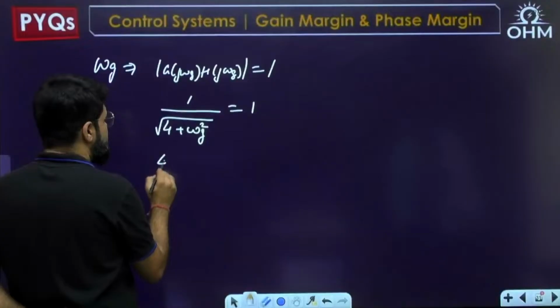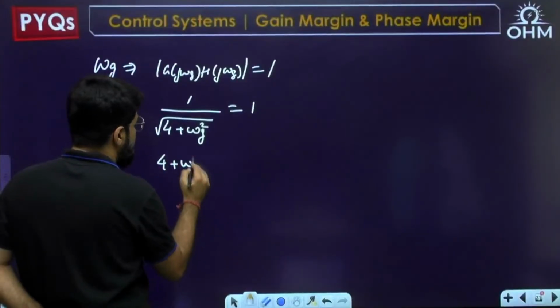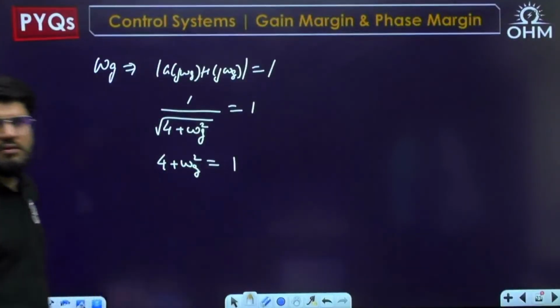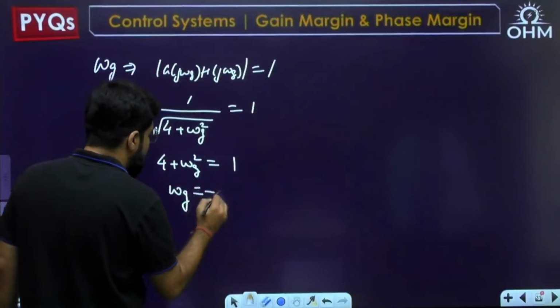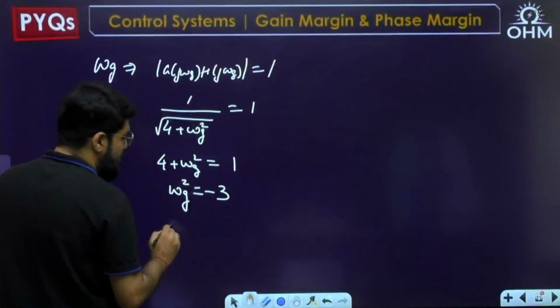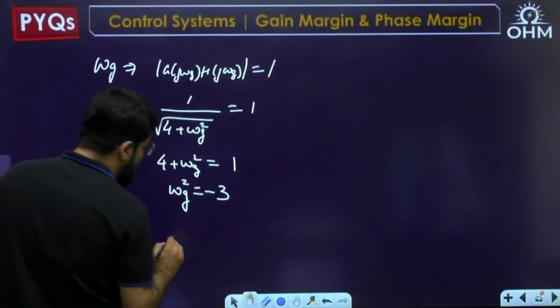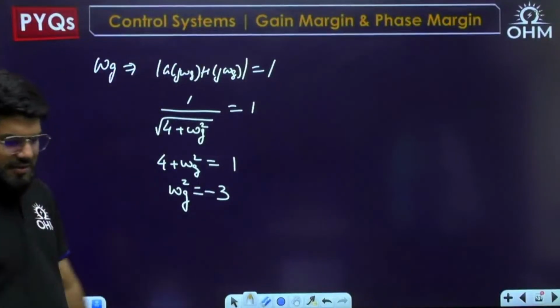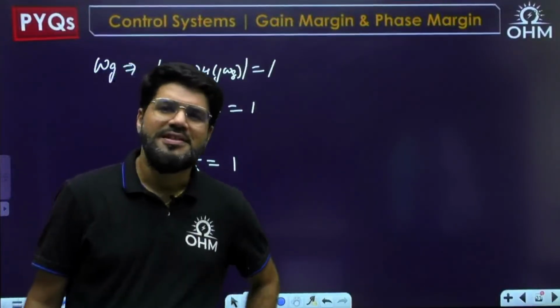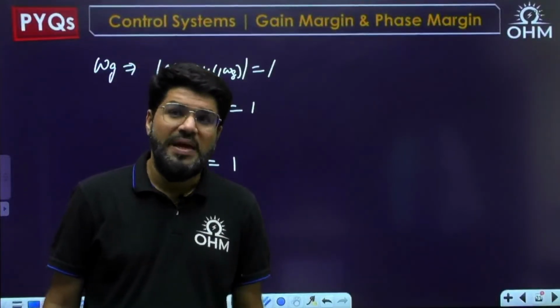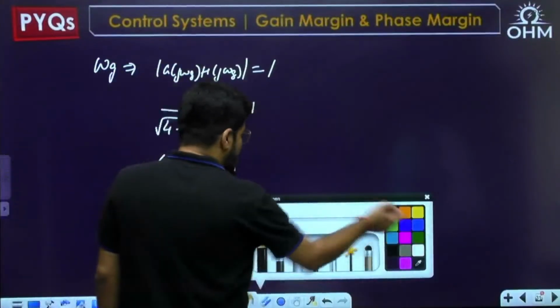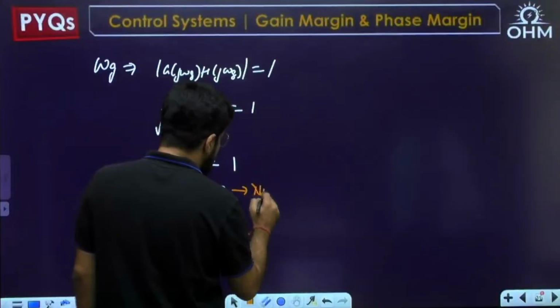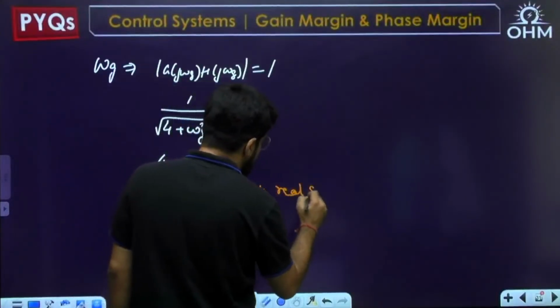This means 4 plus omega g square is equal to 1. So omega g square is minus 3. What is omega g? Frequency can't be imaginary, so this does not have any real solution.